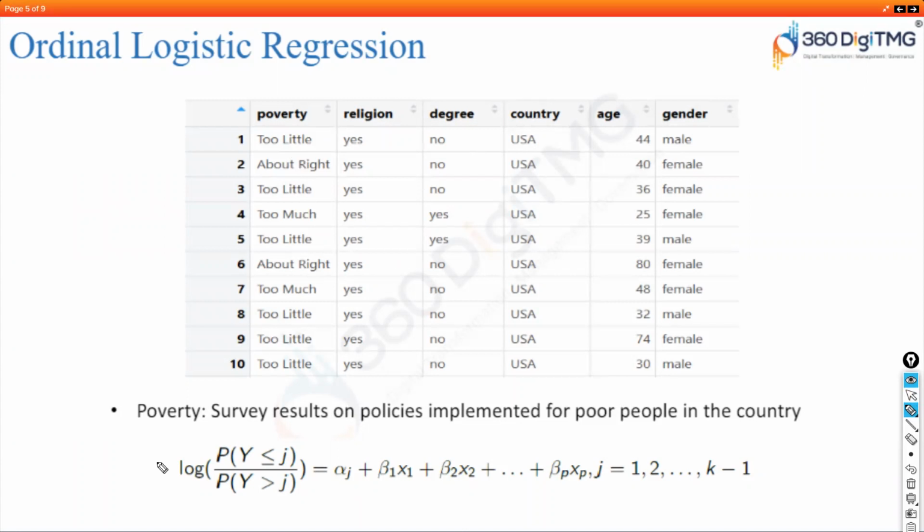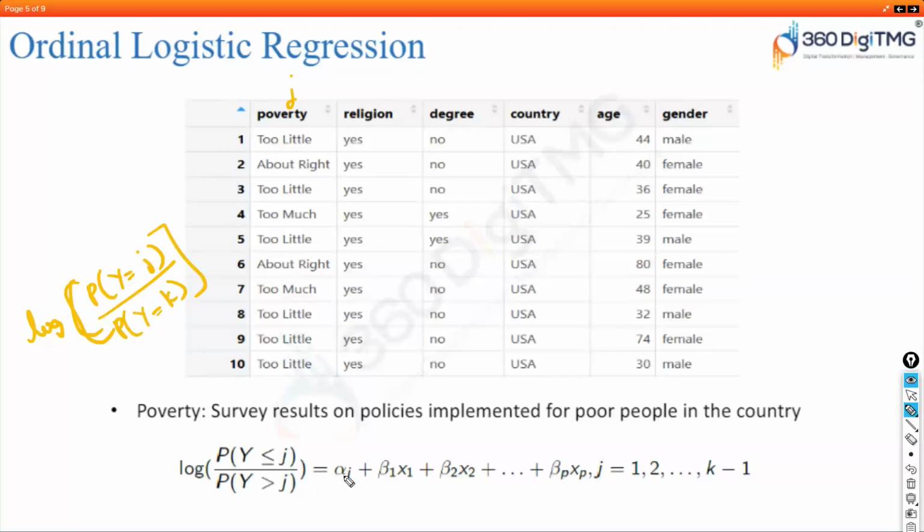And you can just divide the data, which is this J, if I were to treat this as J: what is the probability that your output variable is less than or equal to J, given the probability of your output variable greater than J. In multinomial regression, if you remember, we were looking at the probability of the output variable being, for example, carpool in comparison to car.